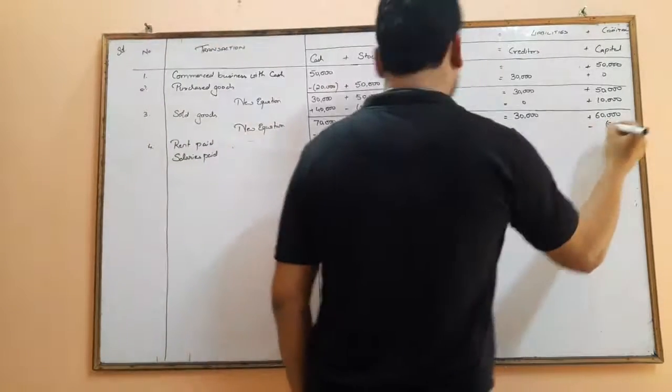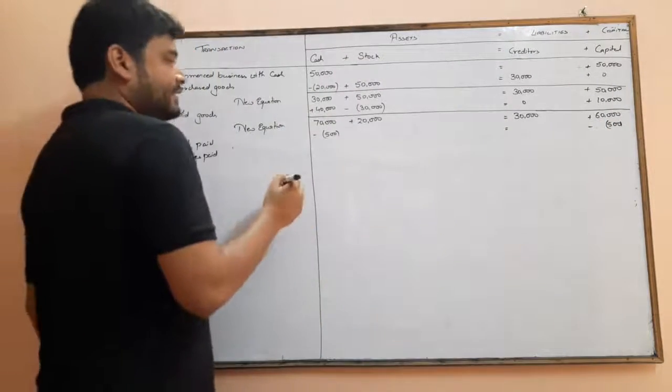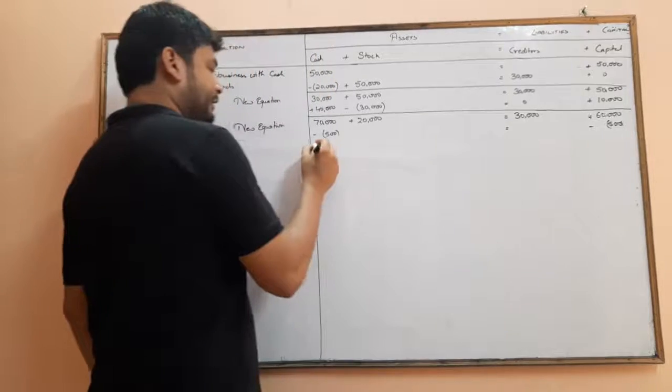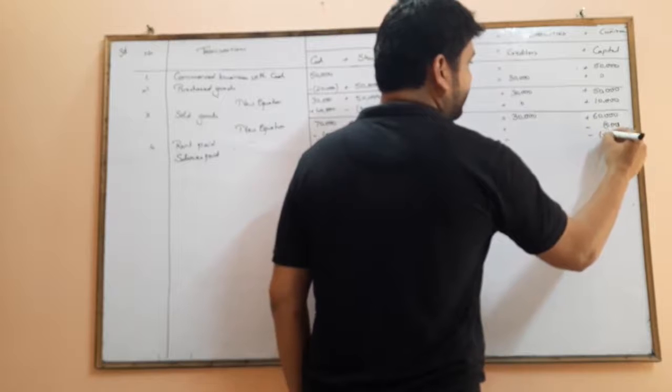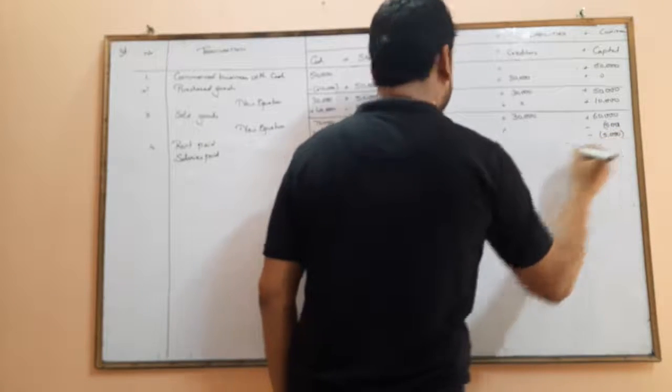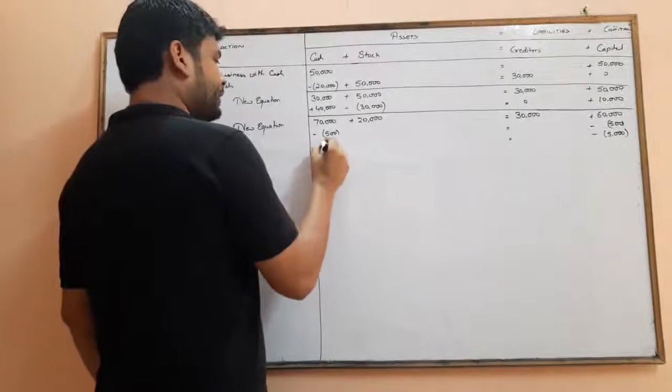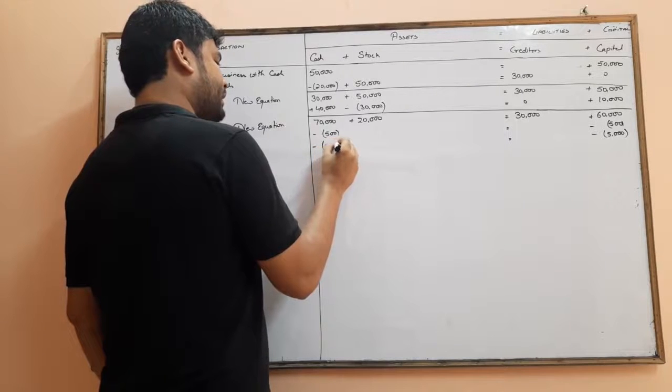And I have paid the salaries also. So salaries is an expense. How much salary have I paid? 5,000. So salary is an expense. So minus 5,000 from capital and minus 5,000 from the cash.